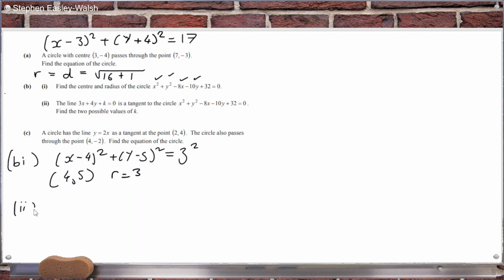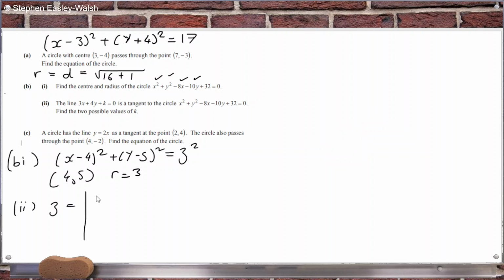Part 2, that line is a tangent to that circle. So this is a perpendicular distance formula. The perpendicular distance has to equal 3. Perpendicular distance to the center. It's a tangent, so the perpendicular distance between the point, which is at the center of the circle, and the line has to equal the radius. So that has to equal 3.